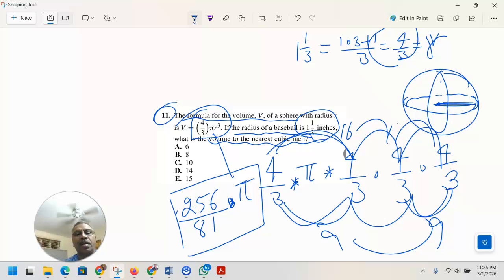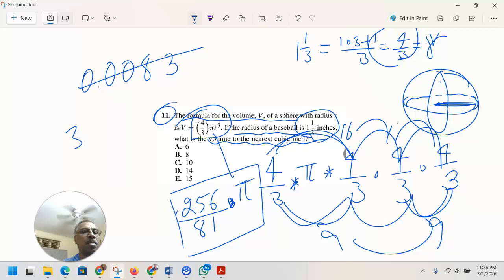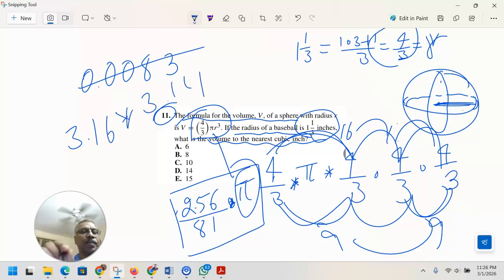Let me do it from my calculator. 256 divided by 81, you get 3.16. And then you're multiplying by pi, 3.14, or directly multiply by pi, you get 9.92.